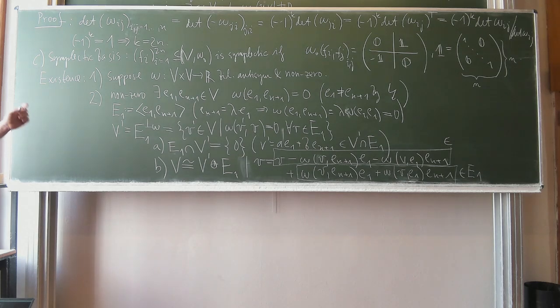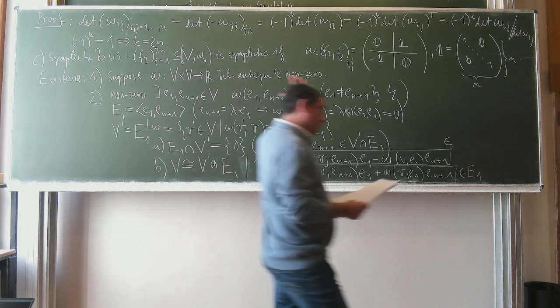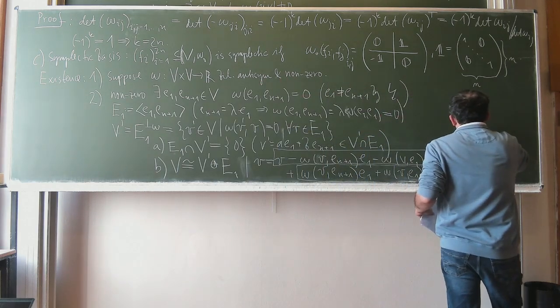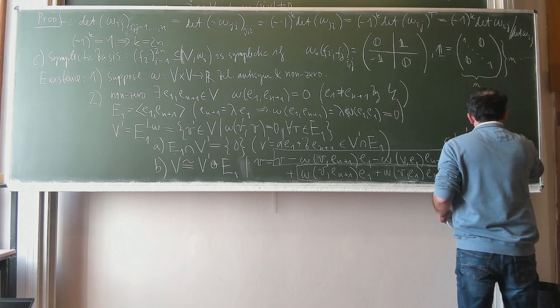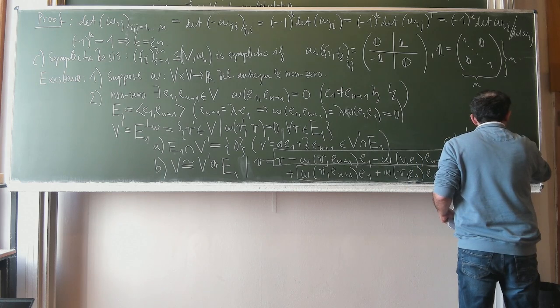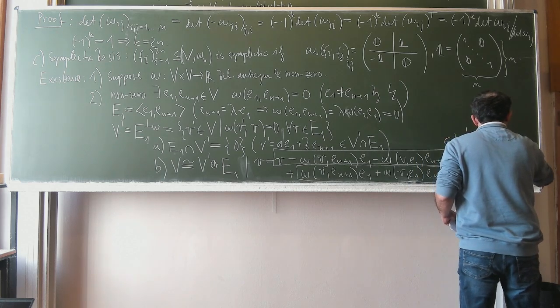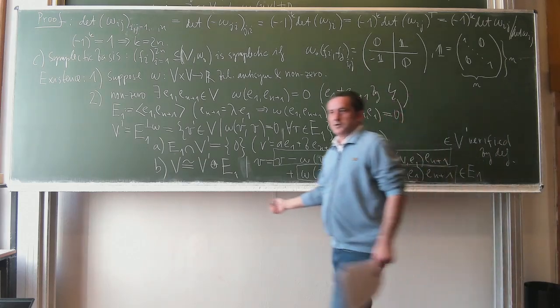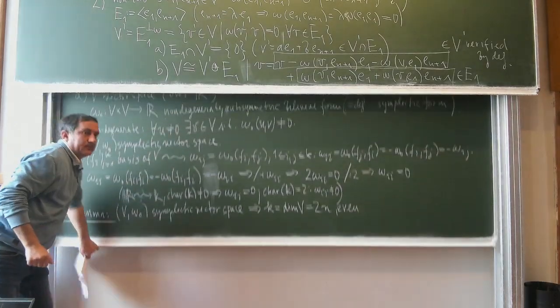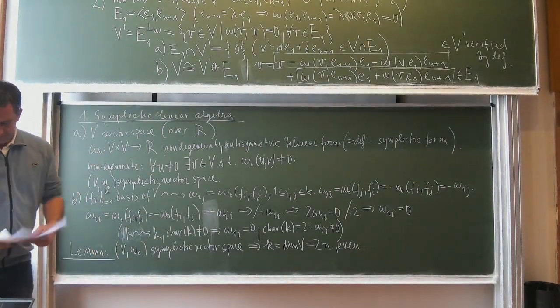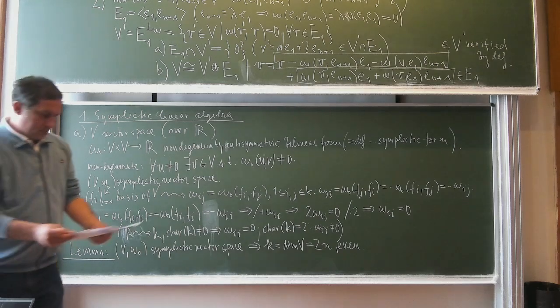Compute the scalar product of this first vector, the vector in the first box, E_{n+1} and E1. Verify by definition.